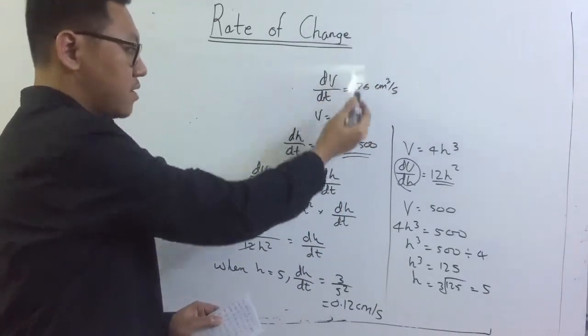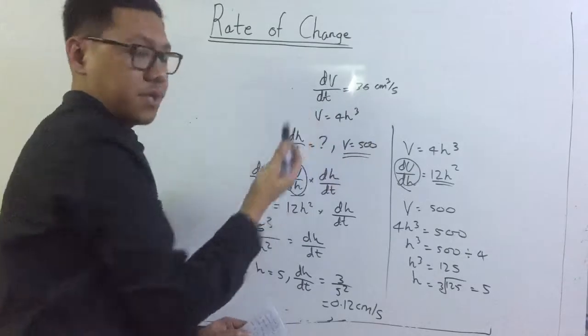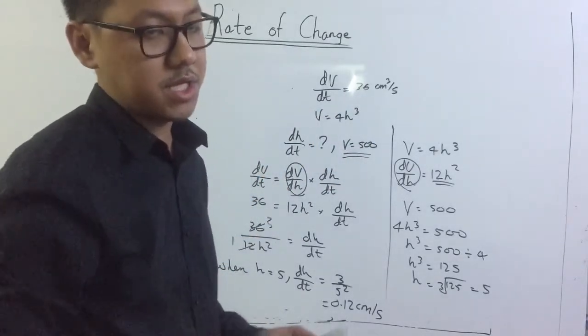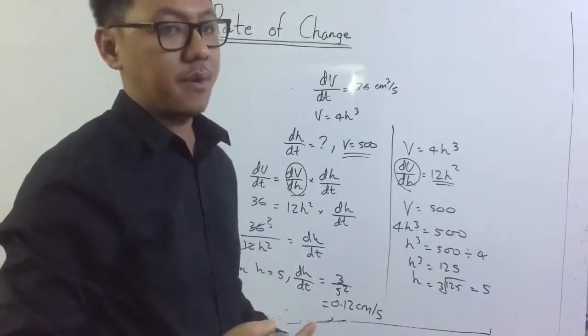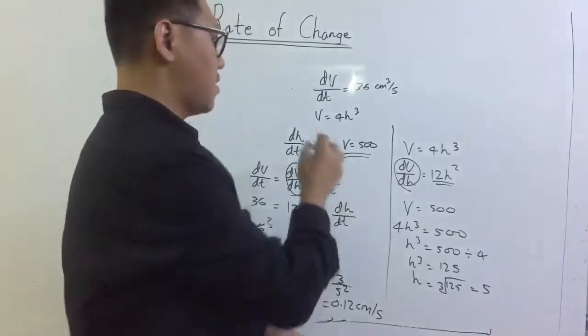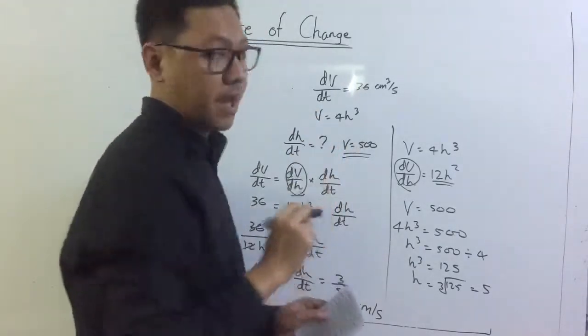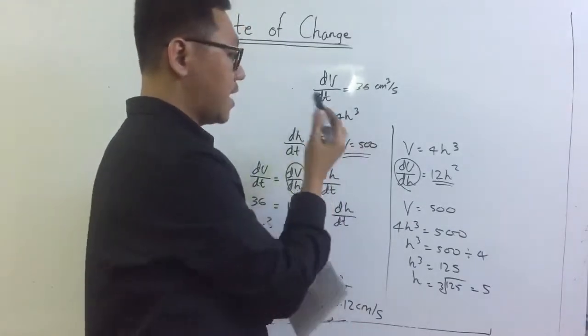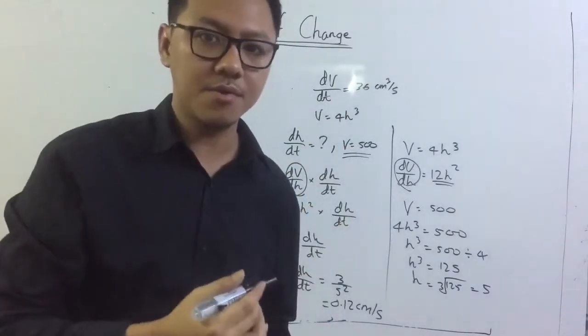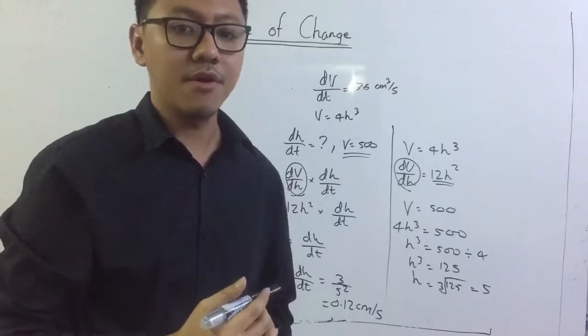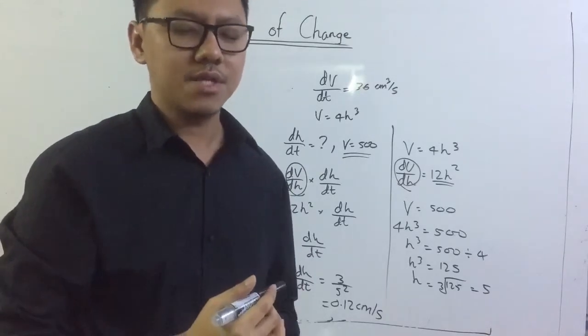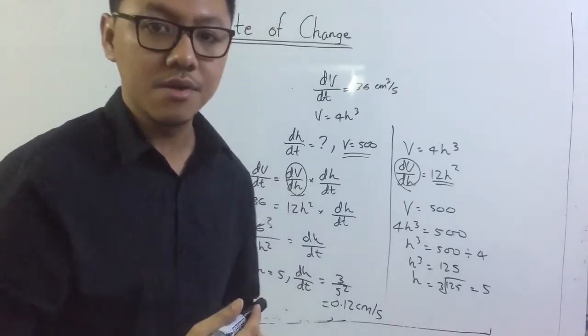They will give the formula. Sometimes they don't give the formula, so they will just say the shape. For example, they will say it's a right circular cone, so you have to write it yourself. Volume of cone is one third pi r squared h. So sometimes they give, sometimes they don't. It doesn't matter. You already learned the volume of cylinder, volume of cone, volume of sphere, right?